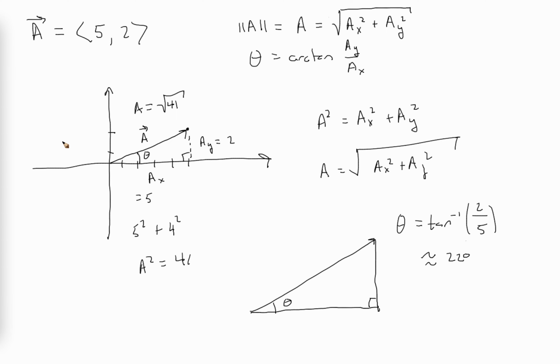So if you were looking at a vector over here, you would actually have the angle from the negative x-axis. If you want it from the positive x-axis, you would have to take your answer and subtract it from 180 to get this larger angle from over here. But nevertheless, these are the ways that we go from the components to our lengths and our angles.